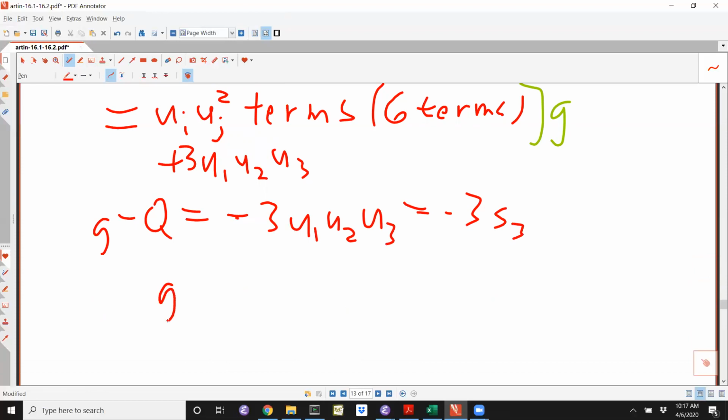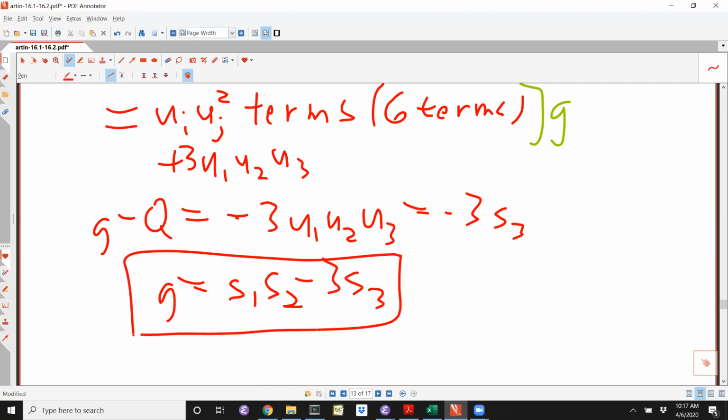So G is equal to S1 S2 minus 3 S3. Whew. Look, we did it. Only running 2 minutes over, just like old times.